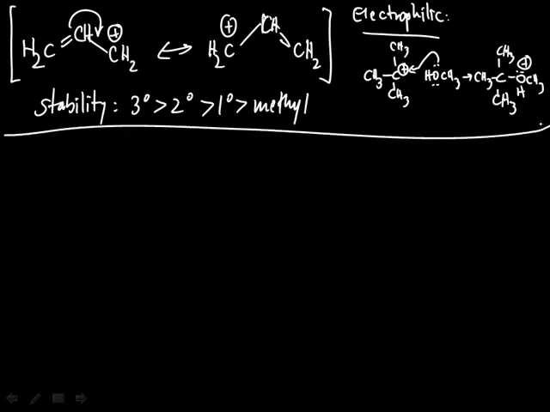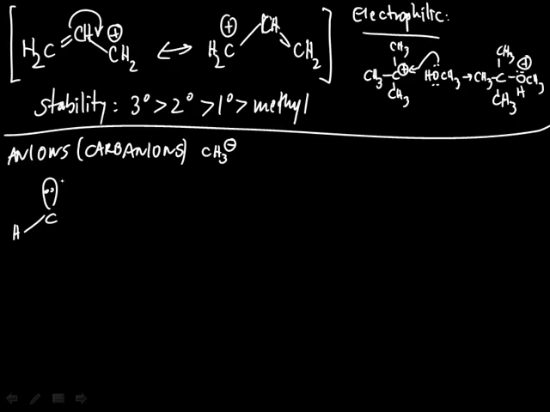And finally, and sort of logically, the last class is anions, also known as carbanions. If you look at the structure of a methyl anion, this system will now have a slightly different structure.